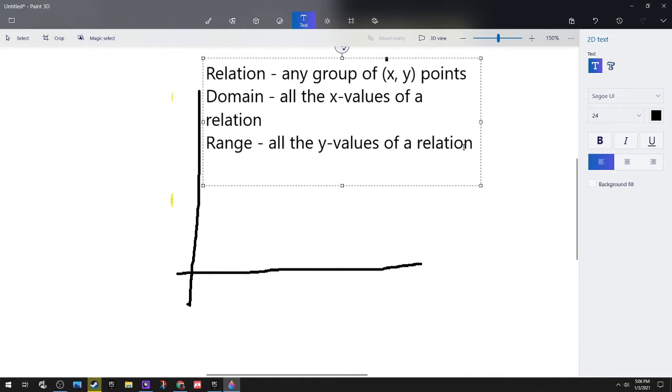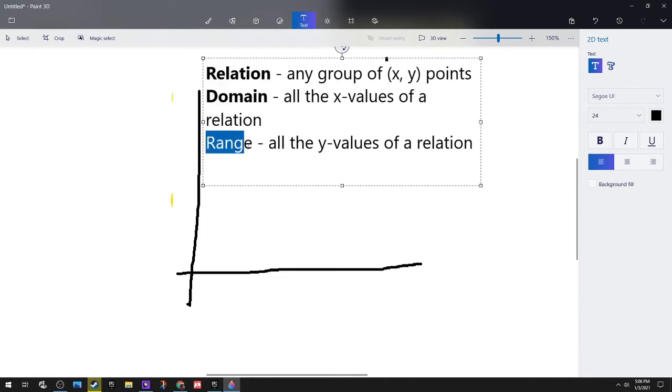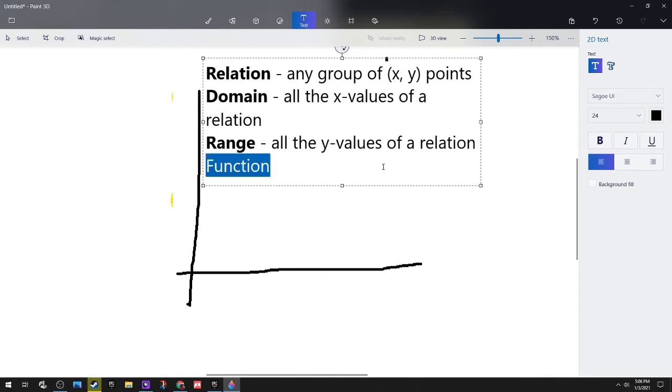So we'll talk more about interval notation. That was the way that we wrote our answer. We'll talk more about that as we go. But we got relation, we got domain, we got range. These are words that we're going to use a lot in here, so make sure that you've learned them. Relation, not so much, because the big one that we care about is function.